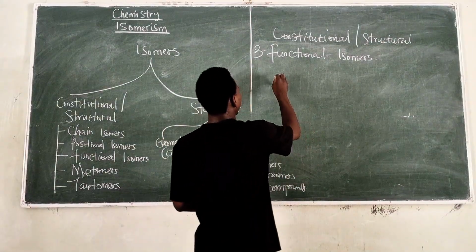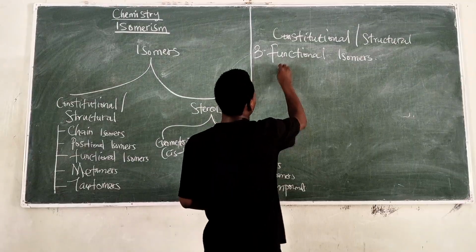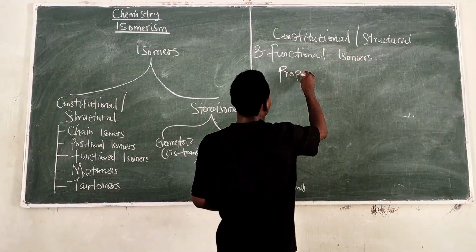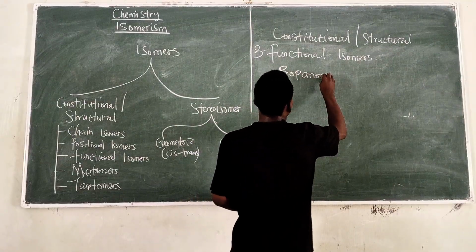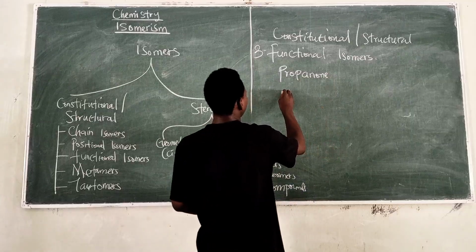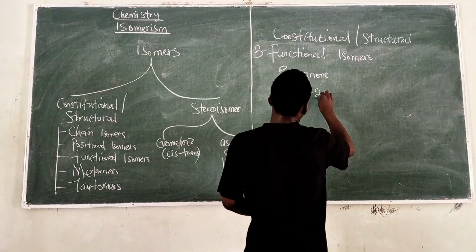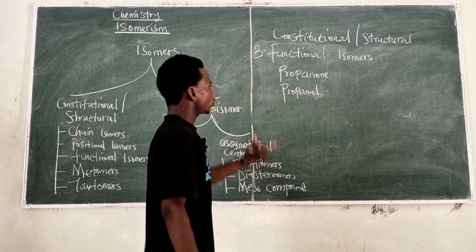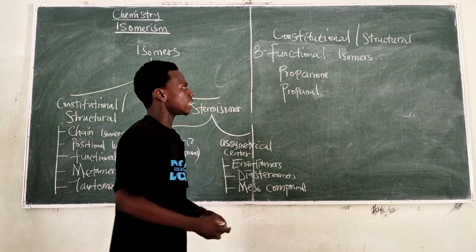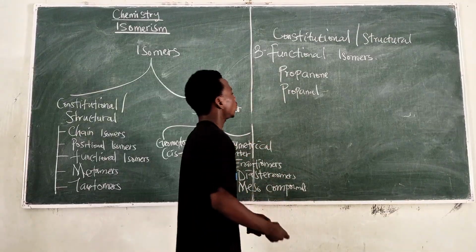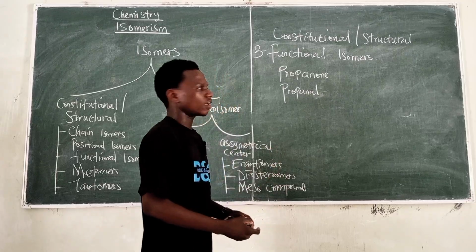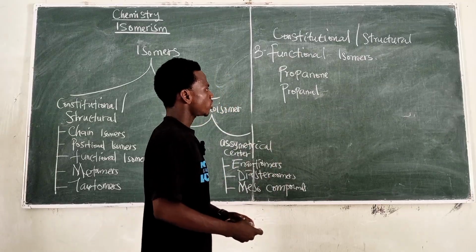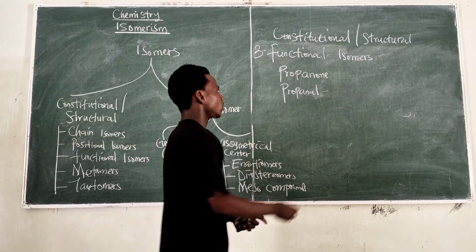For instance, we have propanone and propanal. So propanone and propanal are isomers with the same molecular formula, but different structures and different functional groups.